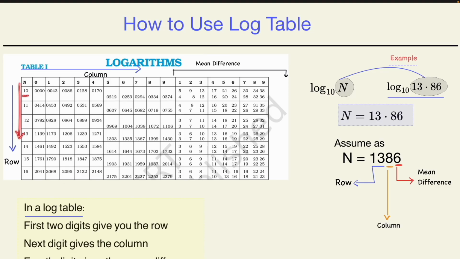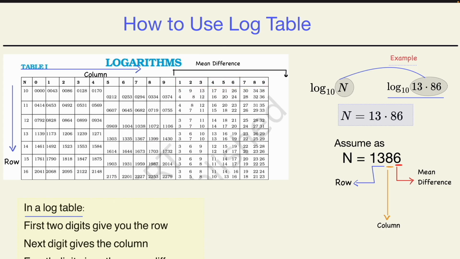And these numbers 10, 11, 12, 13, 14, 15 and 16, it could be more, but here we took from 10 to 16. These are the values that we can find with the help of the row. Now what about the column? Columns are these numbers 1 to 9. These are the columns representation. And here the mean difference is from this part. This is the mean difference part.